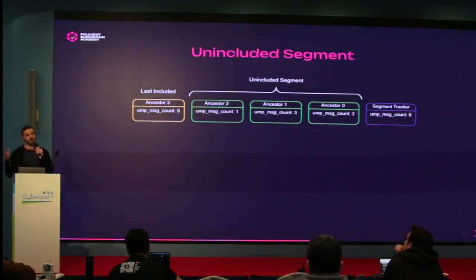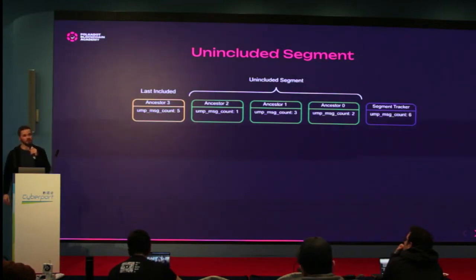If you're exceeding your unincluded segment capacity by running a parachain block, your runtime will simply abort. It will choose not to execute that block because it knows it would be going over its limits. The backing group you would submit this parachain block candidate to would not accept the block anyways because they know it's going over the limit.